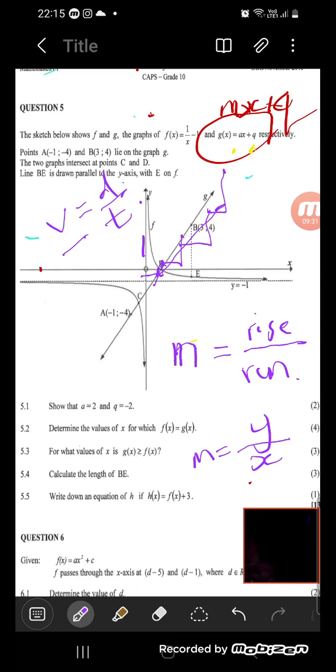Rise over run. How many y's per x? That is our movement, because this whole graph is about movement. How does it move? It's never stagnant. As soon as it's stagnant, it's just a point.